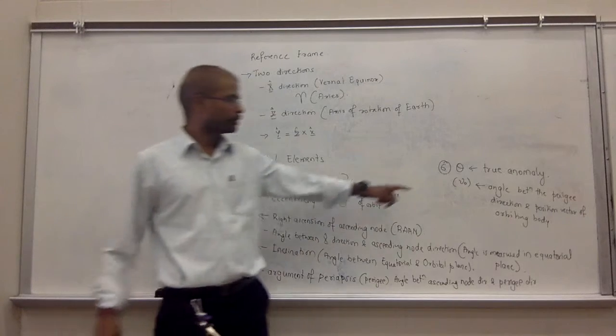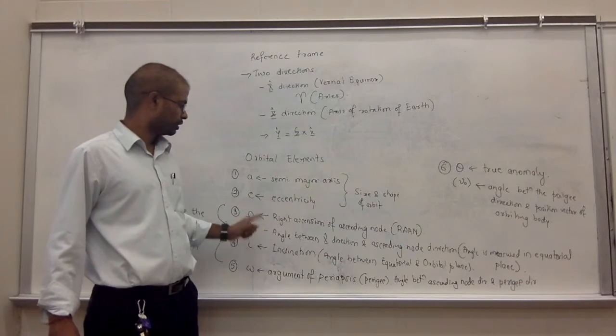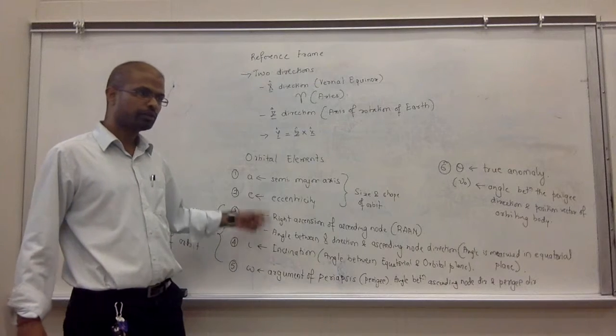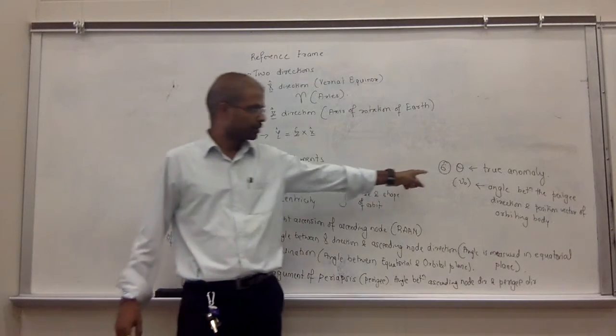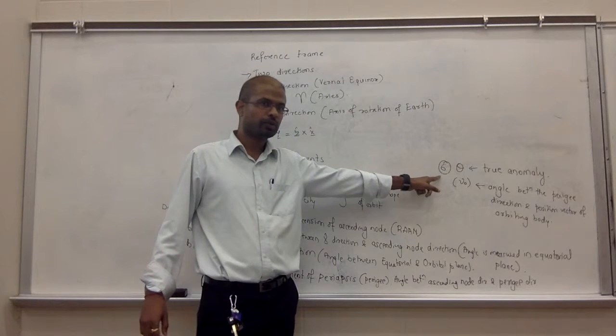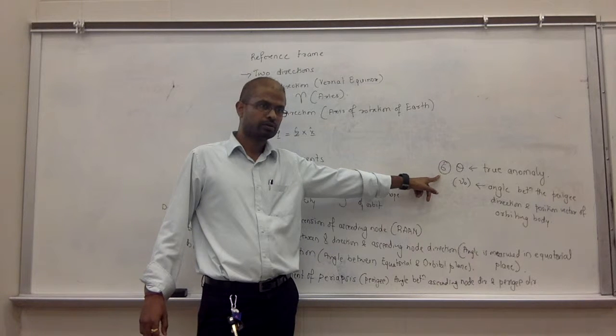See, this size and shape, then there are three angles which will give you the orientation of the orbit. There is one angle which will give you the position of the orbiting body with respect to the perigee direction, periapsis direction.